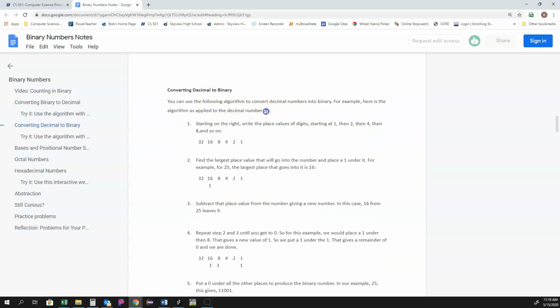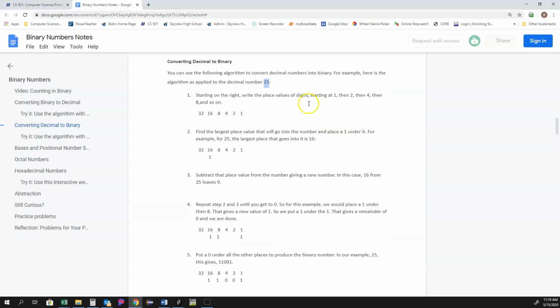Okay. Moving down here, converting decimal now to binary. Say for instance we have the decimal number 25 and we want to convert that to binary. We need to have our binary place value number line: 1, 2, 4, 8, 16, 32, and so forth. We take the decimal number we are trying to convert, place it underneath our binary number line, and find the largest value that can be taken away from our number.